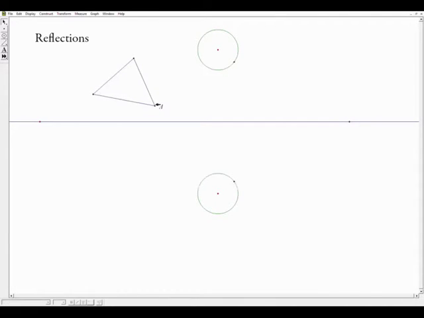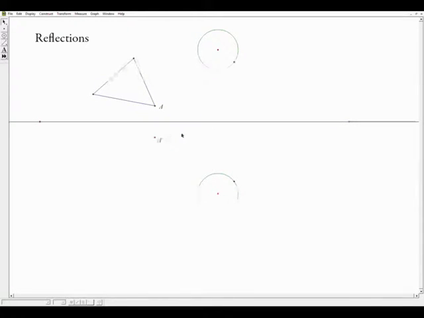When you reflect it, it's going to go to the other side of the mirror line. The distance from A to the mirror line is going to be the same as the distance from A prime to the mirror line. So the reflection will be on the other side exactly the same distance. This would be A prime here.